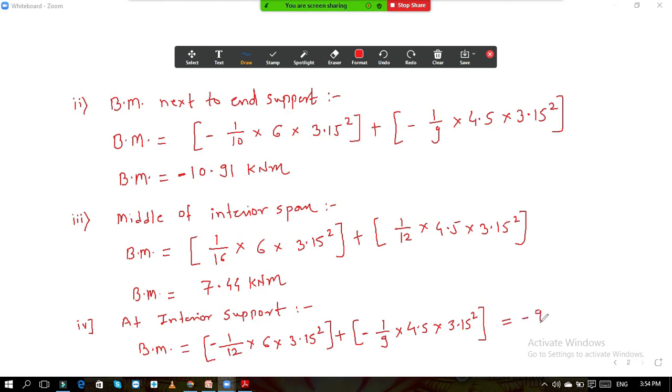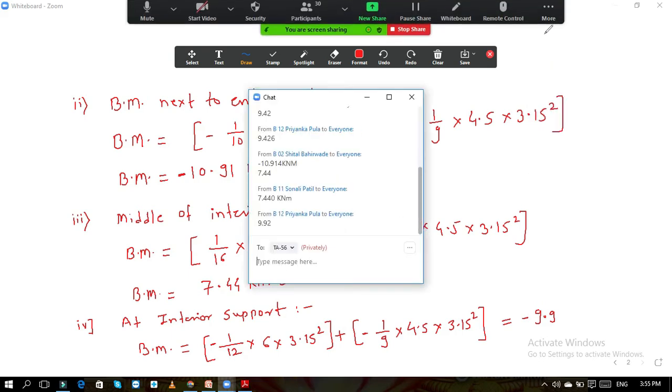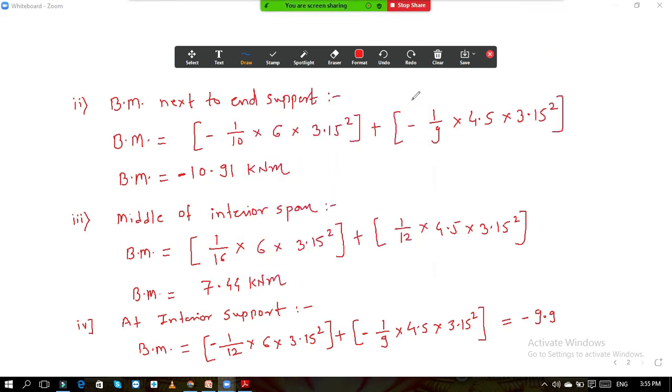I think minus 9.92. How much it is? Minus 9.9. Okay. So minus 9.92 kilonewton meter.